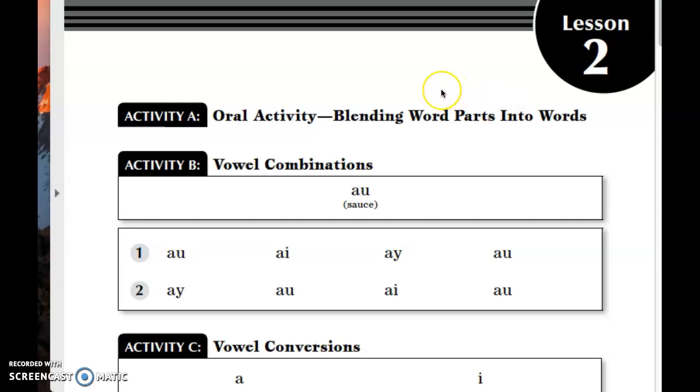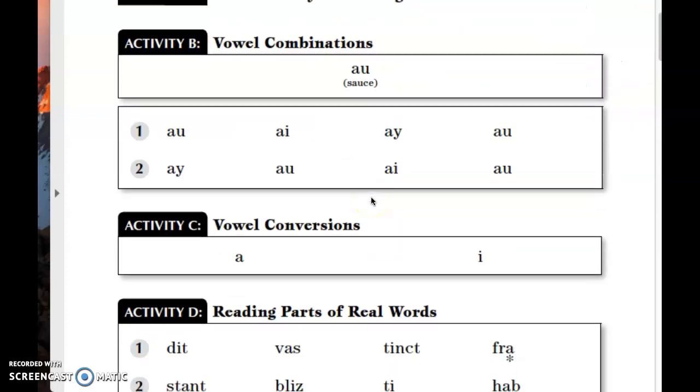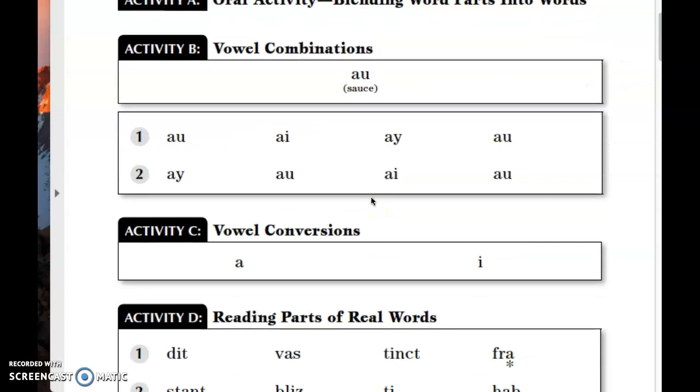Find activity B. You're going to learn a new sound. You may know it already. Look at the first box. The sound of these letters is usually ah. What sound? Ah. Go to line 1 in the box.